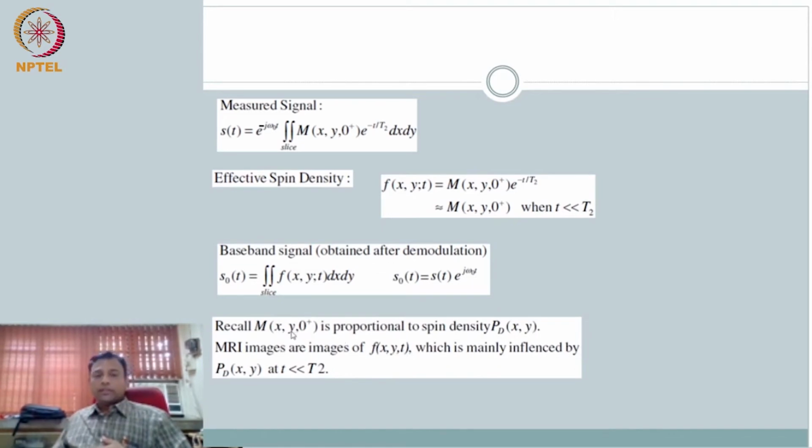So we know this mxy is proportional to your PD, and MRI signals, therefore, what we are measuring are mainly influenced by PD in the signal equation that we have shown. Okay, so what does this say? What is the intuition behind this? This is very common sense, right? If I have a larger volume, I will have more signal.